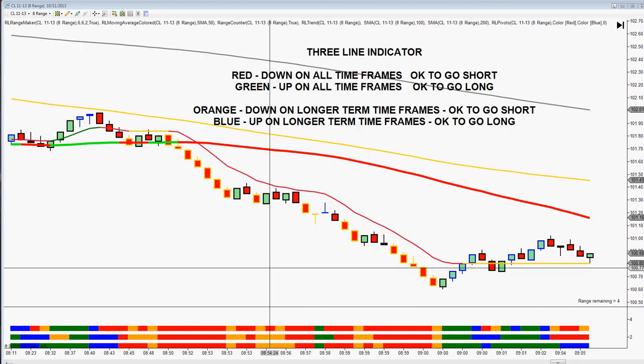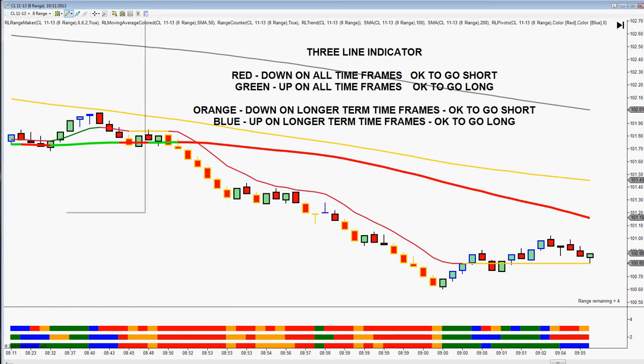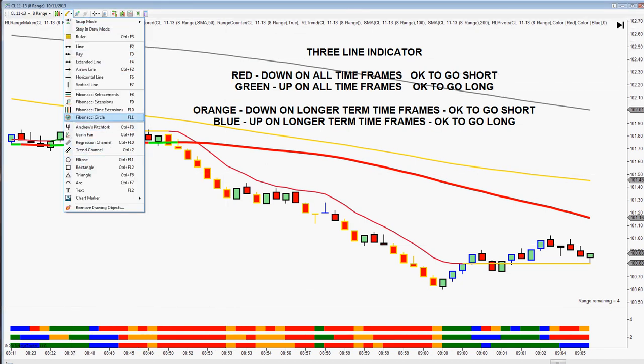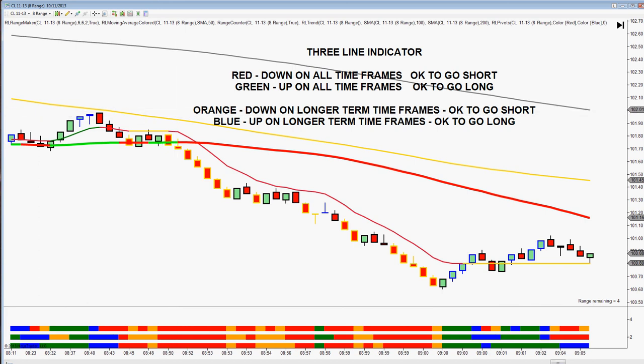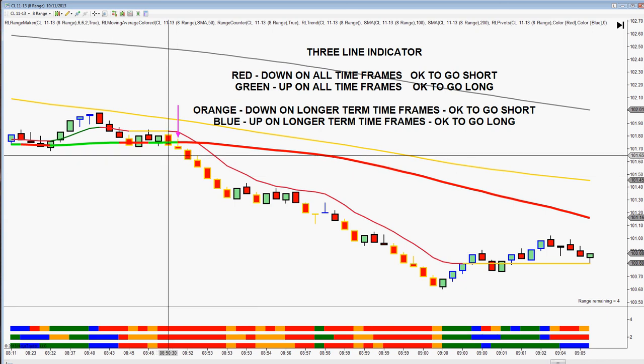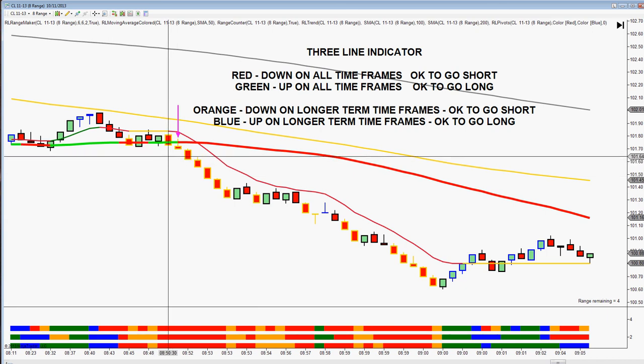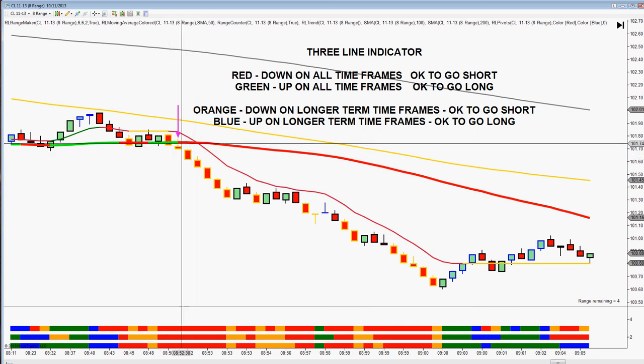Here's a gorgeous 3-line call to the downside. Now the 3-line goes all red here, but we base our entries on a break of the 50.